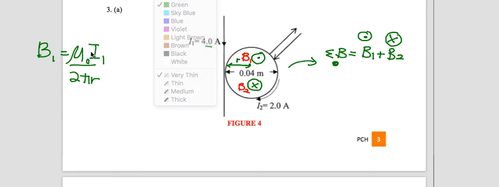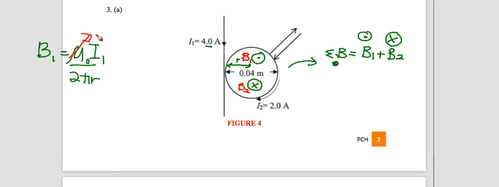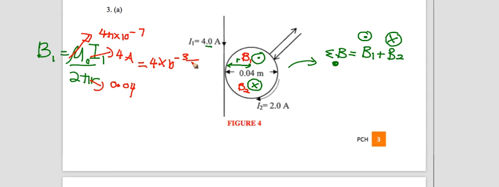The value of mu naught is the constant 4 pi times 10 to the minus 7, the current I1 is given as 4 ampere, 2 pi is constant, and the distance r is 0.004. So B1 is equal to 4 times 10 to the minus 3 Tesla. So the direction of B1 is out of the page.